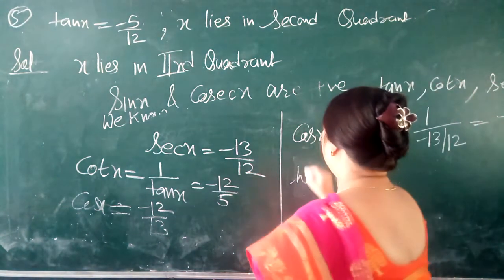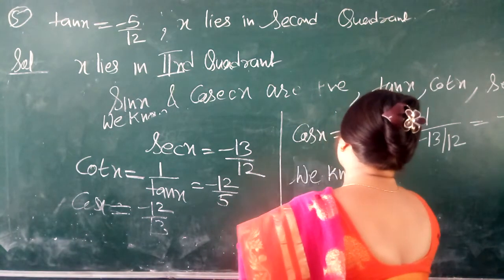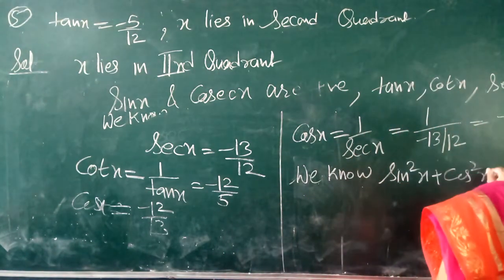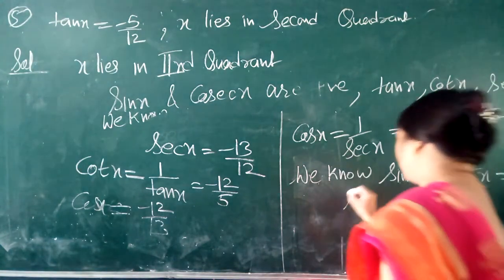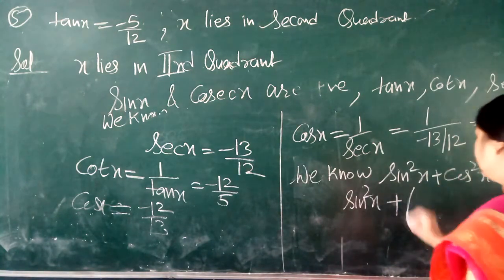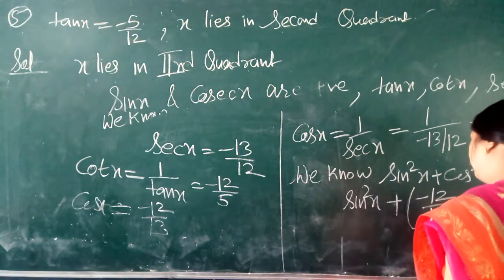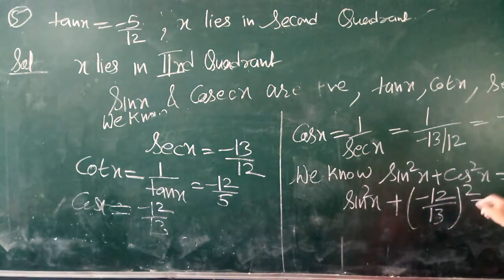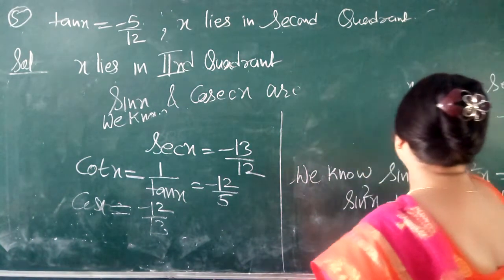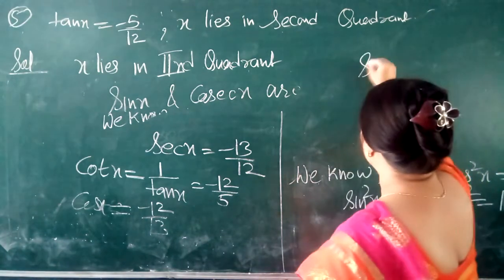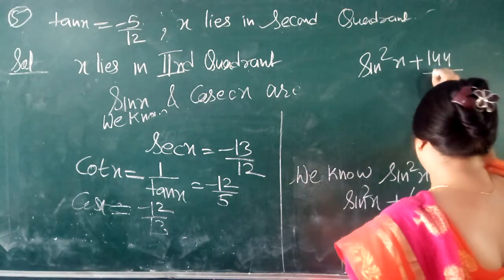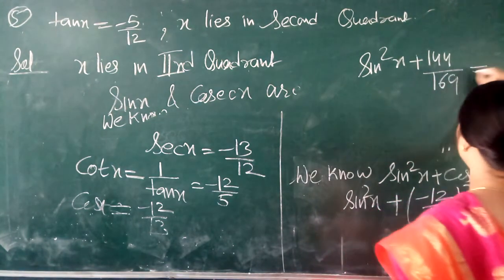Put the value of cos x: sin square x plus minus 12 by 13 whole square is equal to 1. So sin square x plus 144 upon 169 is equal to 1.